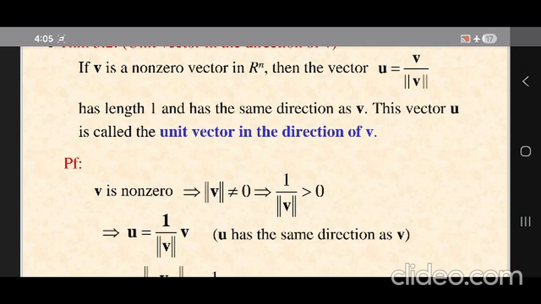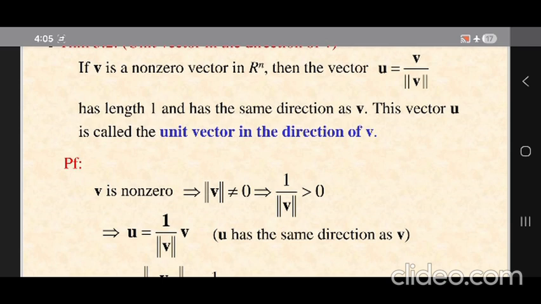If v is a non-zero vector in R^n, then the vector u equals v divided by the norm of v, has length 1 and has the same direction as v. This vector u is called the unit vector in the direction of v. Proof: v is non-zero, that is the norm of v is not equal to 0, which implies 1 divided by the norm of v is greater than 0.